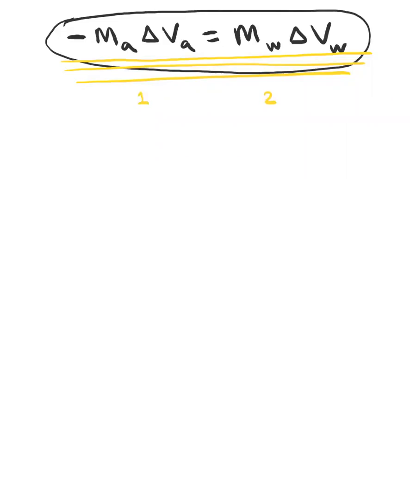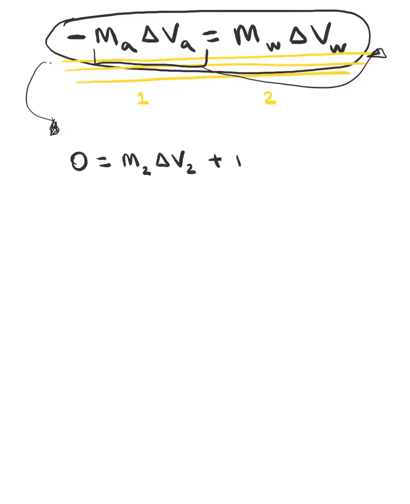I can rearrange this equation, put this piece on the other side, and if I do that, I will have 0 equal to m2 times delta v2 plus m1 times delta v1.